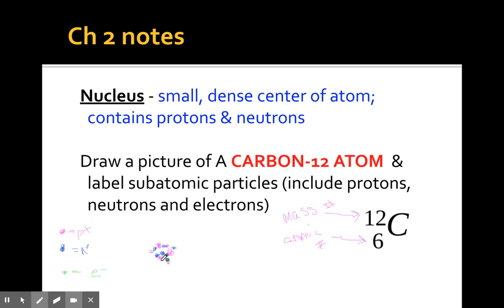So if I have 6 positive charges in the nucleus, I am going to need 6 negative charges out here on the electron cloud. So here are my 6 electrons outside the nucleus, and here is my nucleus with my protons and neutrons.